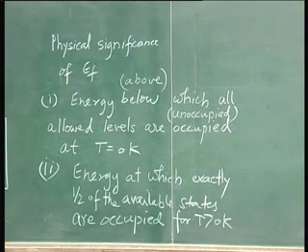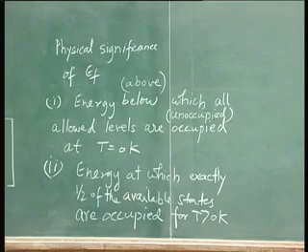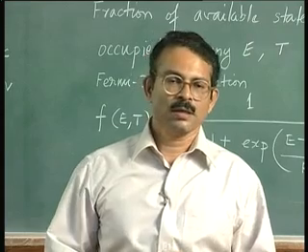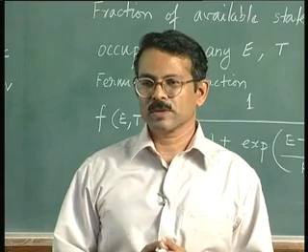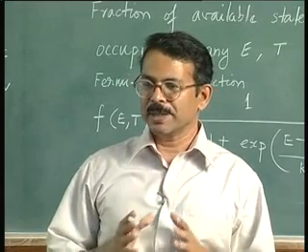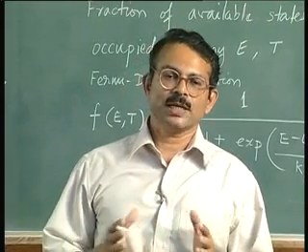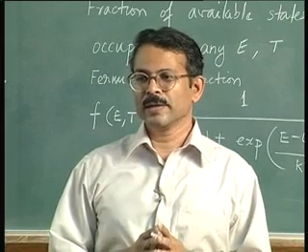Now we will see when we take up p-n junctions that the Fermi level has other physical significances also. So it is a very important parameter in the analysis of electronic systems under equilibrium conditions.